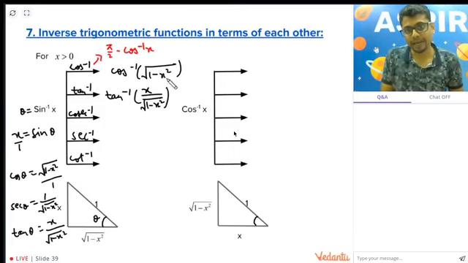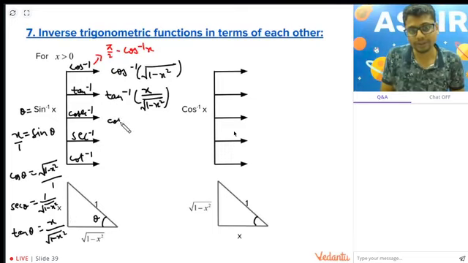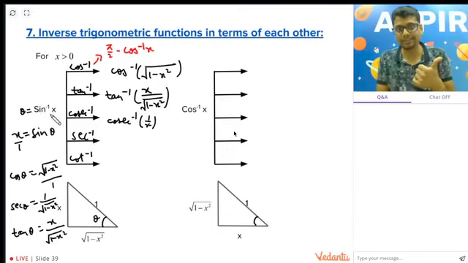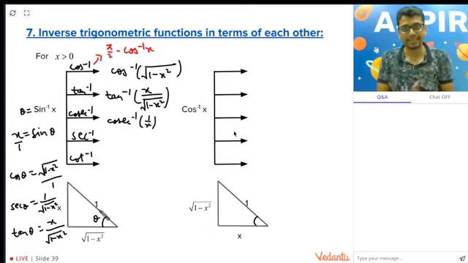Hypotenuse I'm seeing as 1, right? Cosec inverse is straightforward. Sine inverse x is always cosec inverse 1 by x. Reciprocal, which we had seen earlier. So it is hypotenuse upon perpendicular.